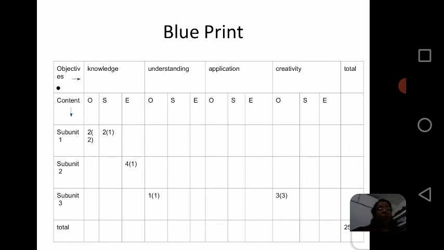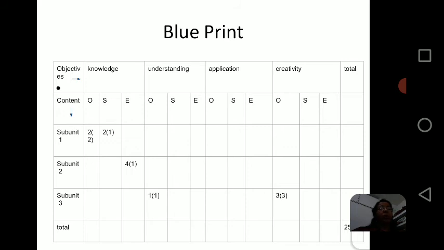This is the blueprint. After preparing the blueprint, you will get a clear idea about what all questions are from subunit 1, under which objective, and in which form of questions, and what all questions are from subunit 2, under which objective, and what are the types of questions.